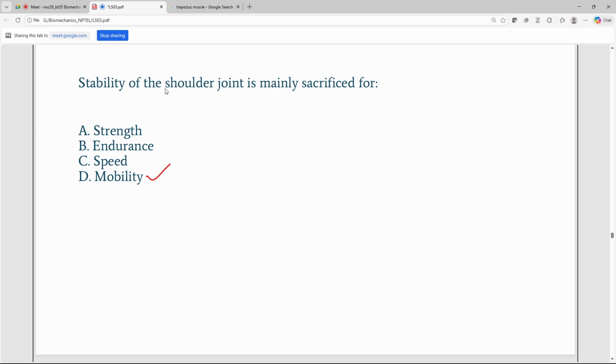Because, if you remember, the shoulder joint is a ball and socket joint. Why is it a ball and socket joint? So that it can provide more ROM, that is range of motion.